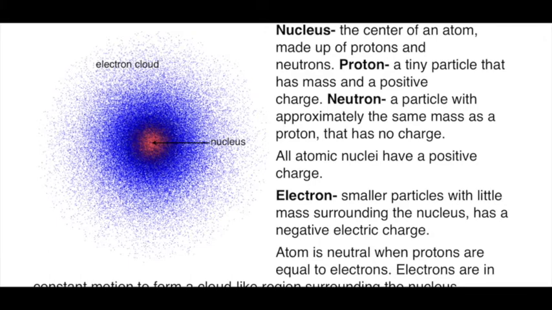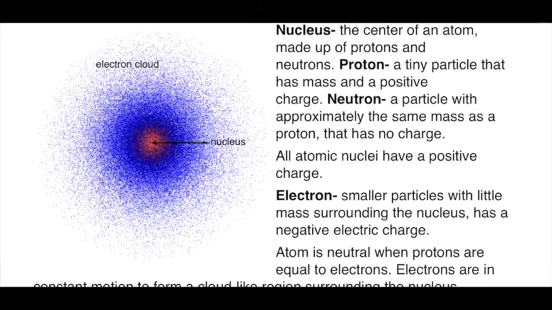The nucleus is made up of two subatomic particles, the proton, which has a positive charge, and the neutron, which has mass but no charge. The protons and the neutrons essentially have all of the mass inside that atom. The electron does have mass, but it's so tiny, it's like 2,000 times smaller in mass than the proton or the neutron. So you can almost think of it as just the mass being the nucleus.